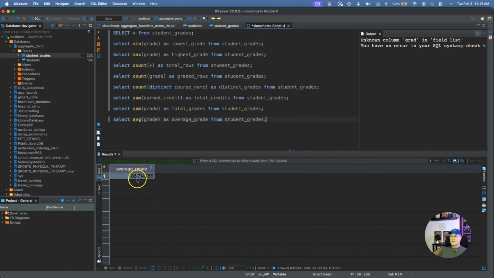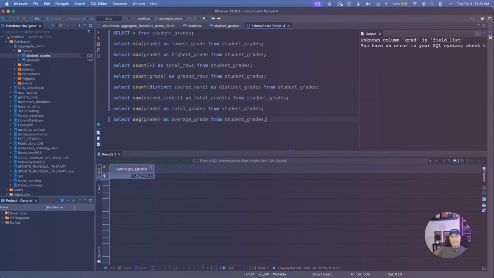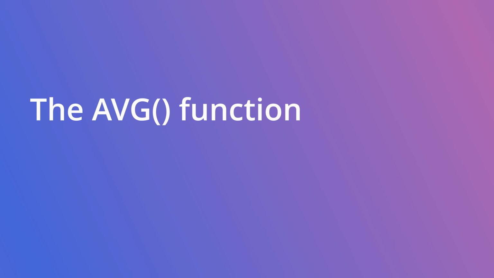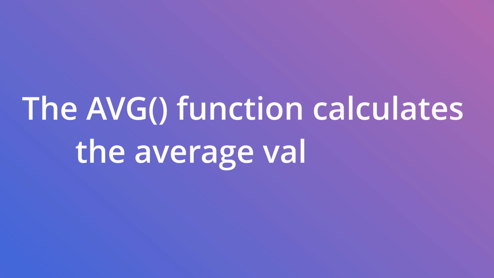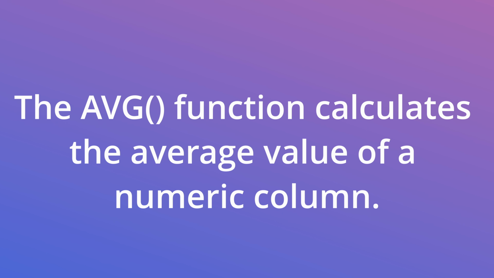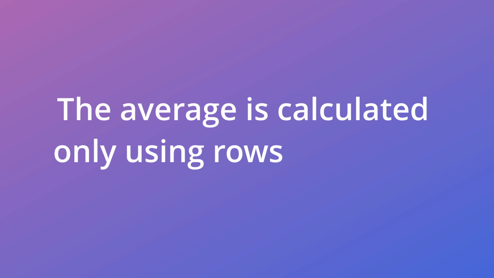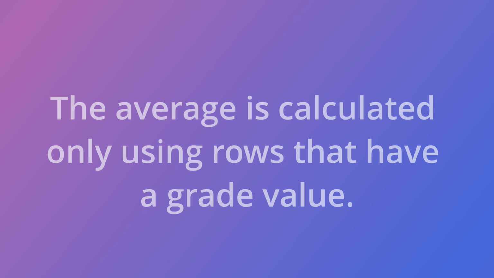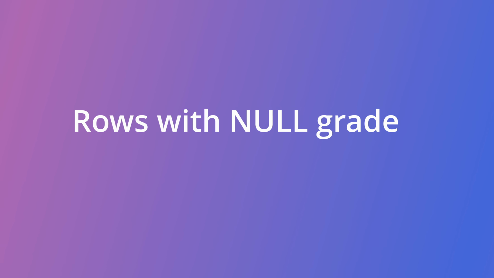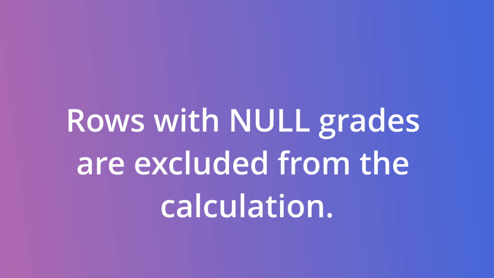And here we can see that the average across the grade column is 86.71286. The average function calculates the average value of that numeric column. So the average is calculated only using rows that have a grade value. Again, rows with null grades are excluded from the calculation.